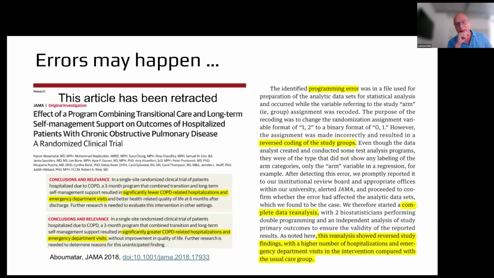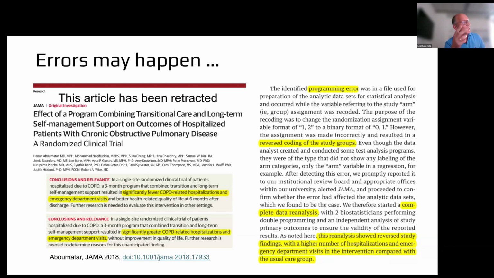Now the story goes on. The investigators then, a few months later, wanted to do some secondary analysis with the same data set, and actually found out that they screwed up the coding of the 2 groups. So they mixed up treatment and control in the analysis, and they were honest enough to report this back to the journal.